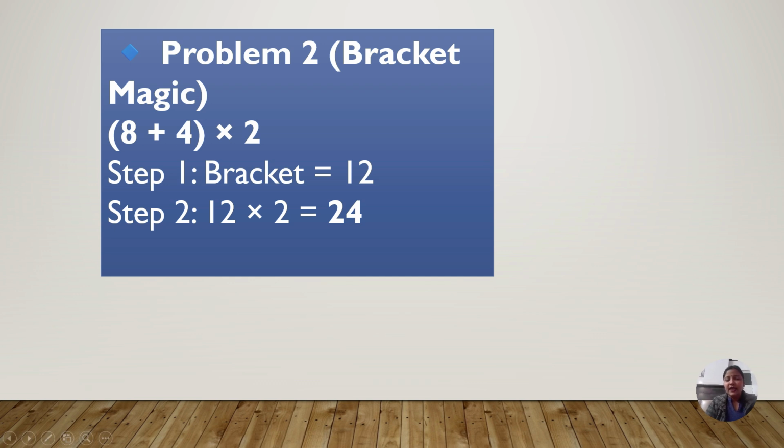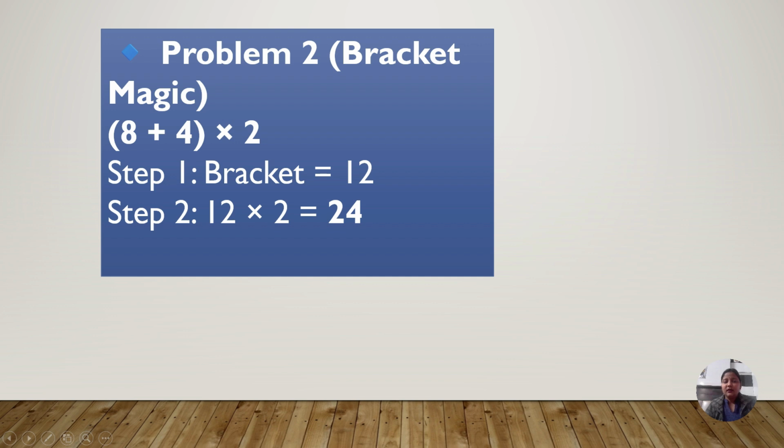So here we have given a problem: 8 plus 4 in bracket, multiply by 2. So tell me what we need to solve first. According to the given order of BODMAS, we need to solve the bracket first. Is it clear?